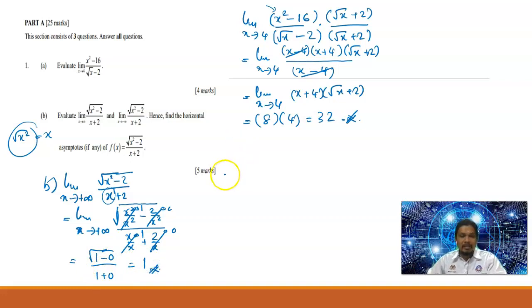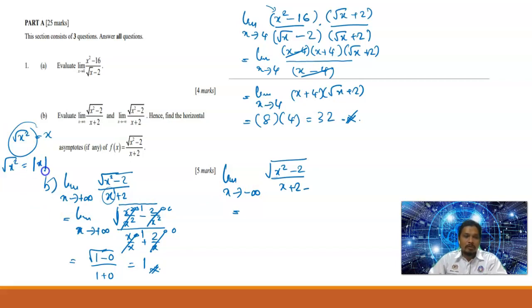Okay, then next, limit of x approaching negative infinity, square root of x squared minus 2 divided by x plus 2. Again, we call square root of x squared equal to modulus of x, where modulus of x we divide into two parts: x for x greater than or equal to 0, or negative x for x less than 0.